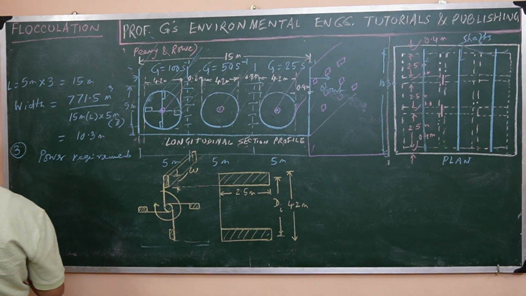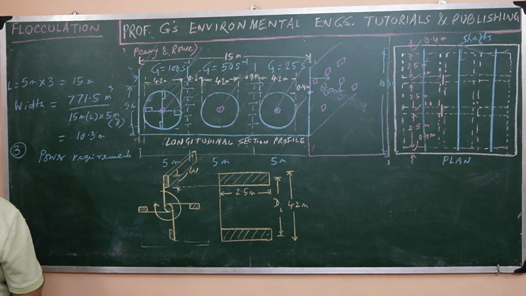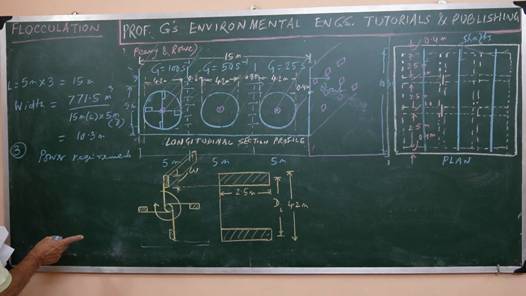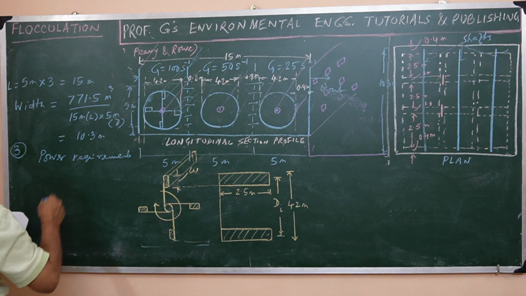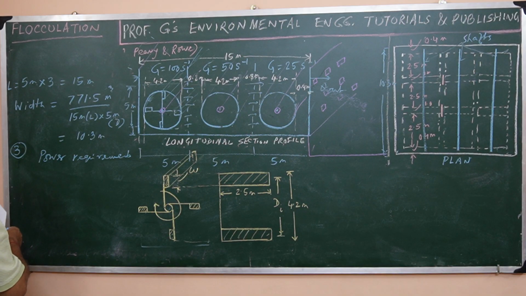So this is actually the assumed G value taken for the first compartment, G 40 second inverse, as we have already written, right? So this is the tapered flocculation also. That is already discussed.